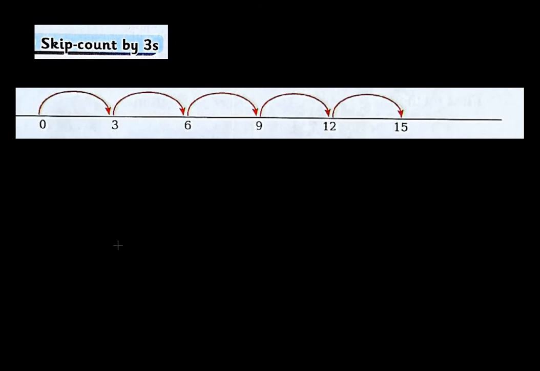Now skip count by 3. Between 0 and 3 there are 2 numbers, 1 and 2. I don't say these numbers, I whisper them to myself and say 3. For example, 0, 3, 6, 9, 12, 15, and so on.